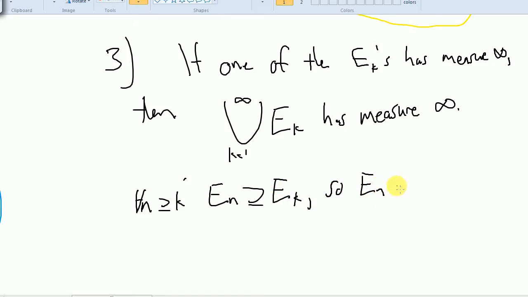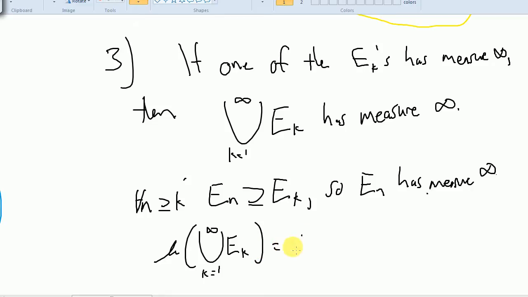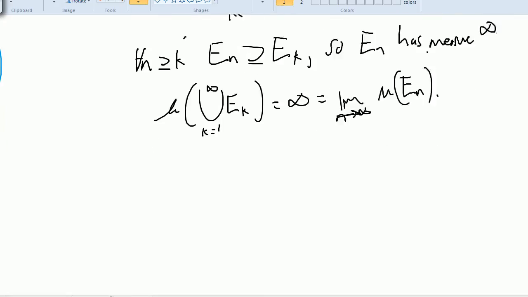And then the measure of the union from k equals 1 to infinity of E sub k is just equal to infinity, but that's also equal to the limit as n goes to infinity of infinity, which is just the measure of E sub n. Alright, and so there we have, if we're infinite, then that's how this theorem follows.